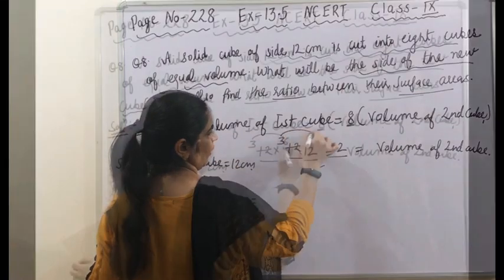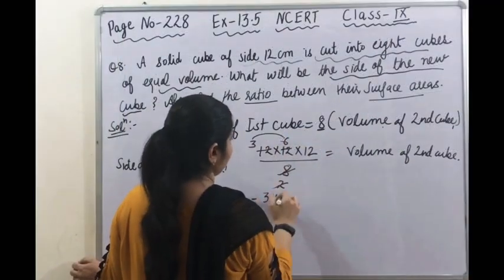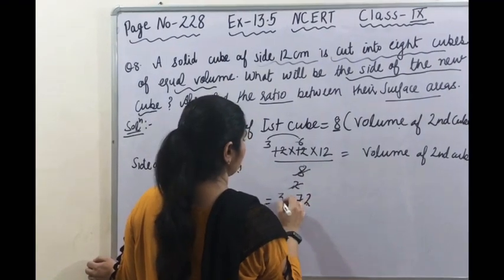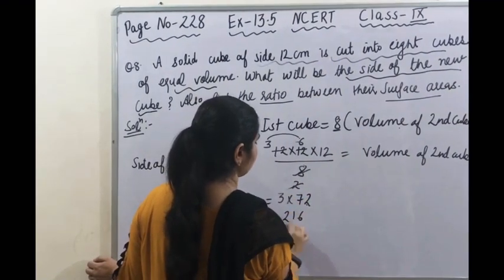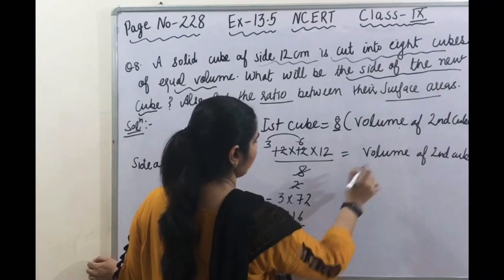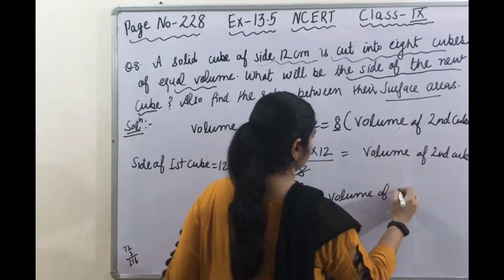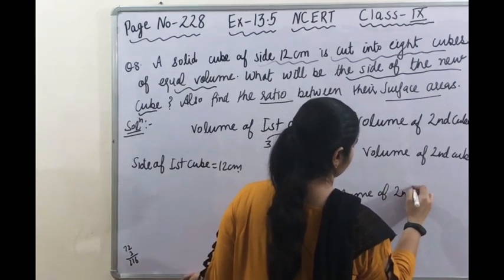We'll write this 3 into 12 6 is 72, 72 3 is 216. 216 is the volume of the second cube.